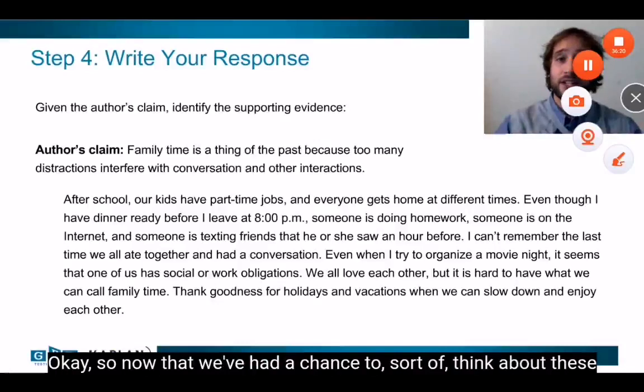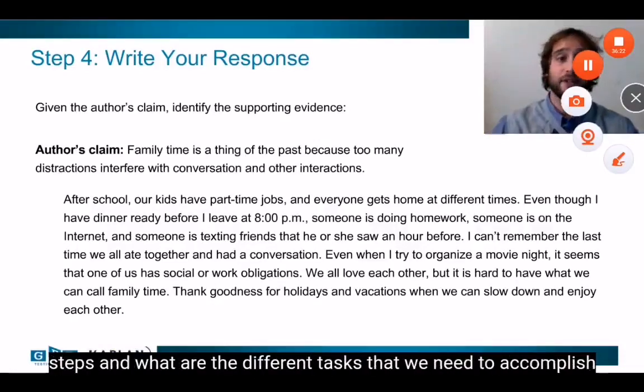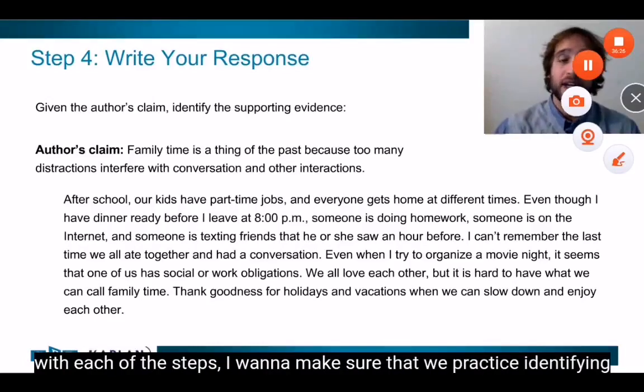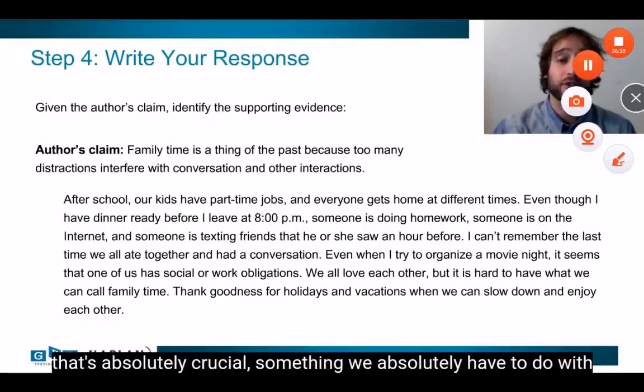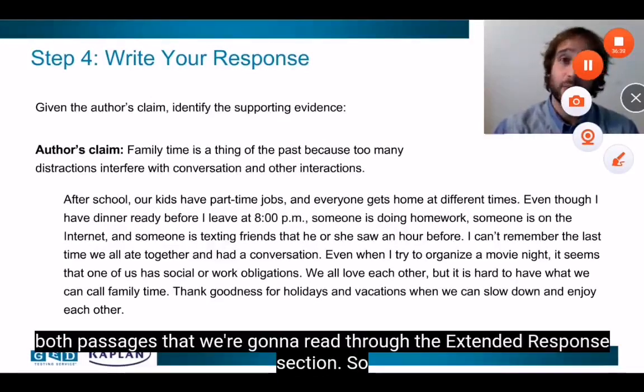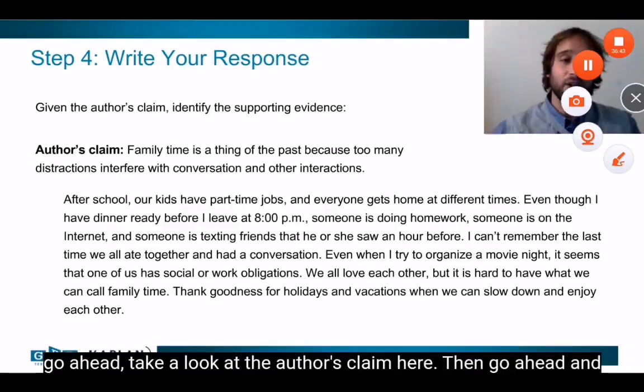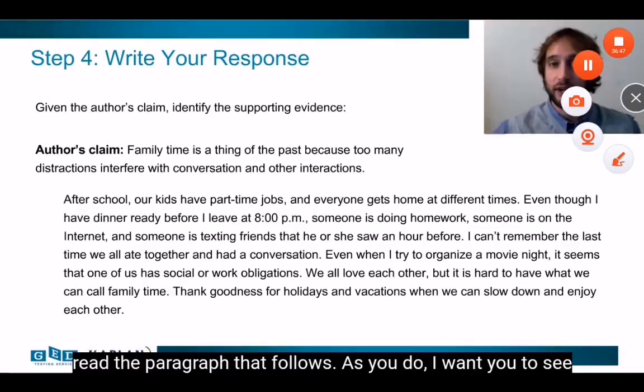Okay, so now that we've had a chance to think about these steps and what are the different tasks that we need to accomplish with each of these steps, I want to make sure that we practice identifying claims and evidence in an author's argument, right? Because that's absolutely crucial, something we absolutely have to do with both passages that we're going to read for the extended response section. So go ahead, take a look at the author's claim here, and then go ahead and read the paragraph that follows.